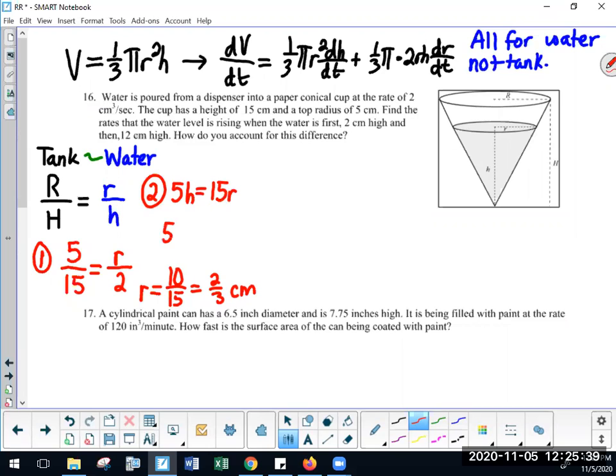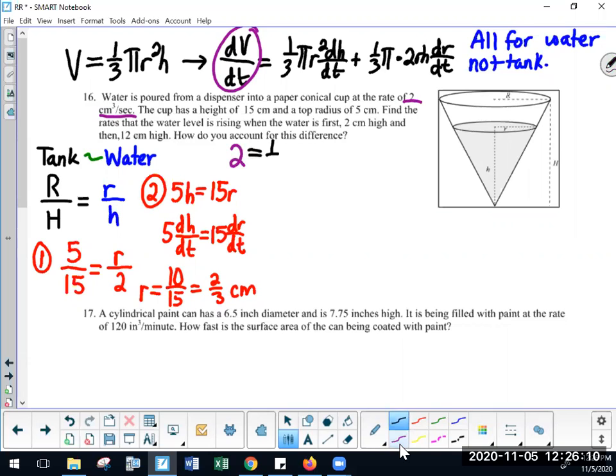So 5 dH/dt equals 15 dr/dt. And this then gives us every single piece of information that we need in order to write our equation. What do I mean? Well, we know what dV/dt is. dV/dt is 2 cubic centimeters.